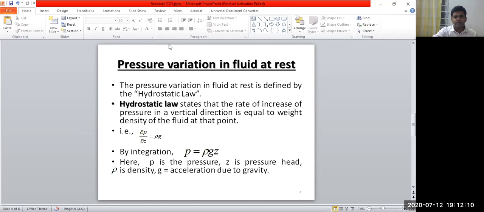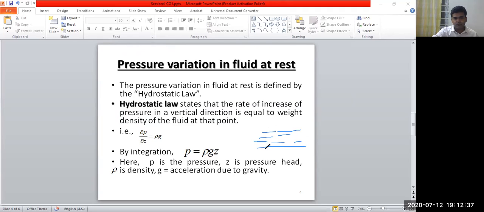Before going to solve a problem, I would like to give some diagram here. I'm using this annotation. Suppose there is a static fluid.